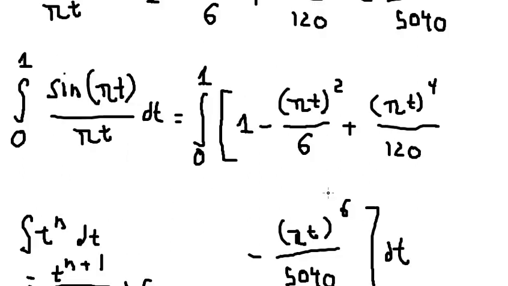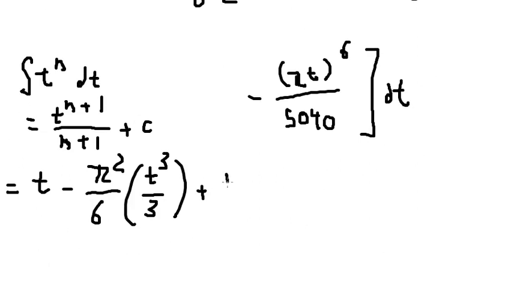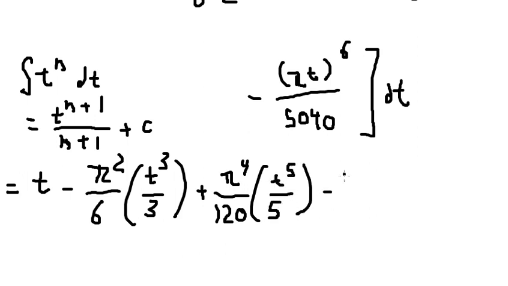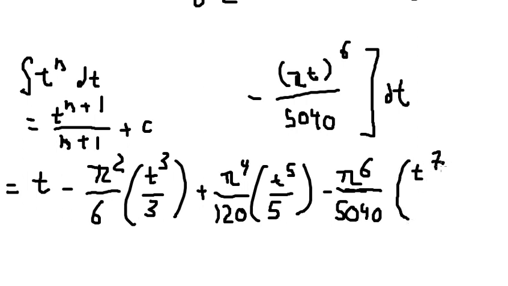The next one is about b to the power of 4 over 120, and we have t to the power of 5 over 5. And the last one, this one we have t to the power of 7 over 7.